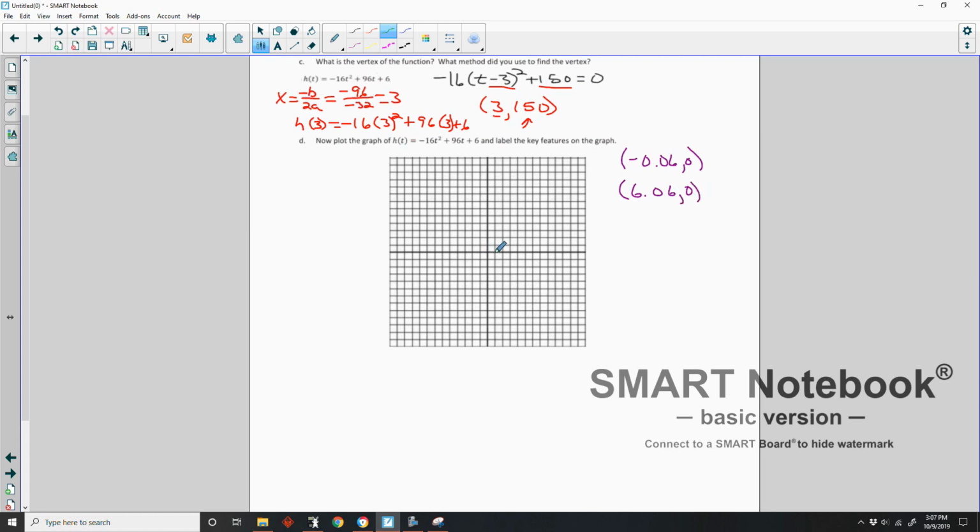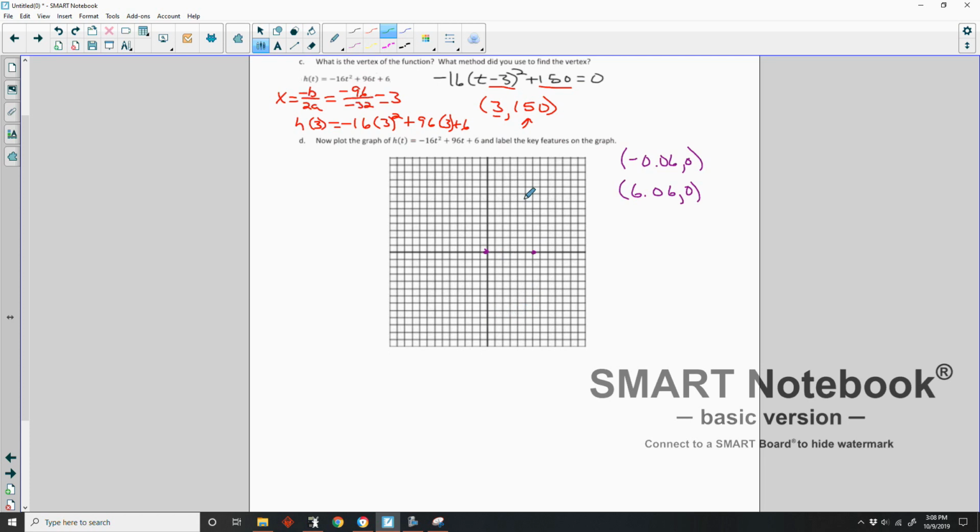So if this were 1, 2, 3, 4, 5, 6, I would be just to the right of it, 6.06, and negative 0.06 is really, really close to 0, so I'll just put it right to the left of the origin. So there are my two zeros.